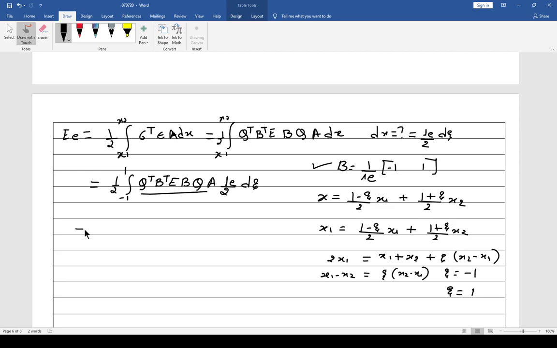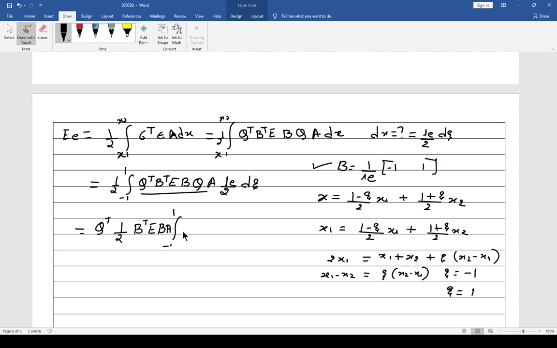Therefore I write this in the form of Q transpose 1 by 2, B transpose E B, integration from minus 1 to 1, and of course A is also constant, so I'll take out A also common, and le by 2 is also constant.